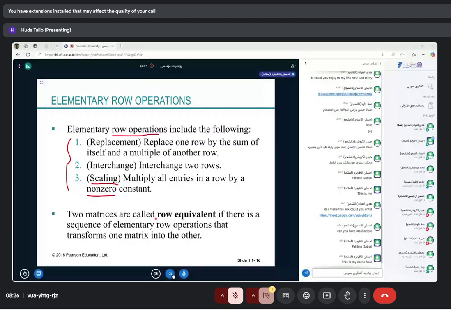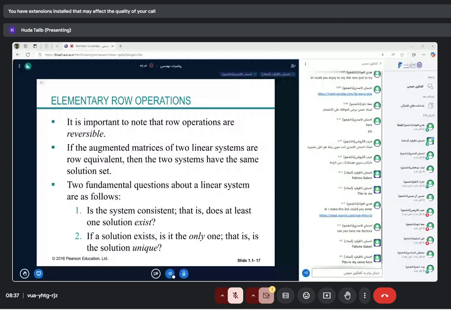Two matrices are called row equivalent if by a sequence of row operations they become the same. So 2 important questions that we need to answer are these: is the system consistent?